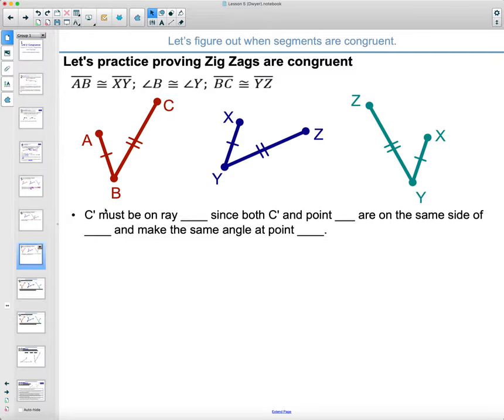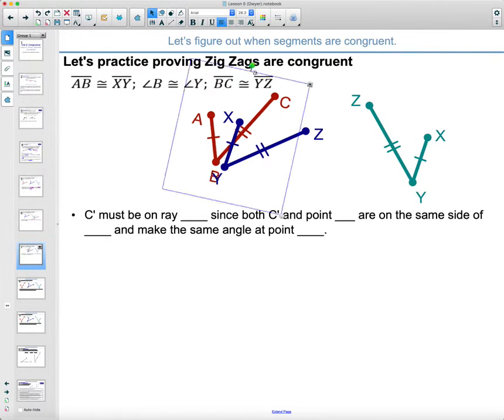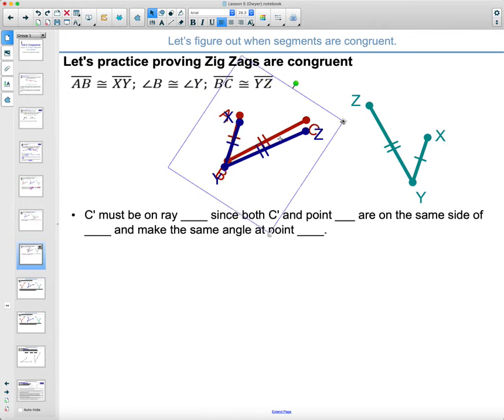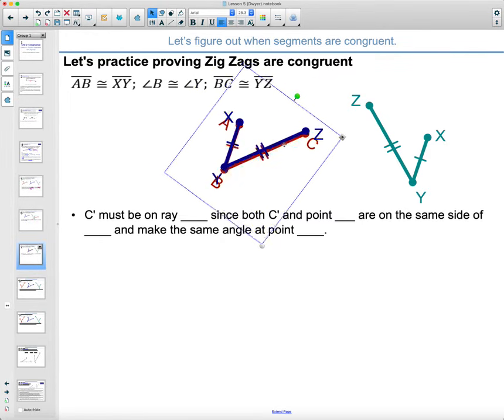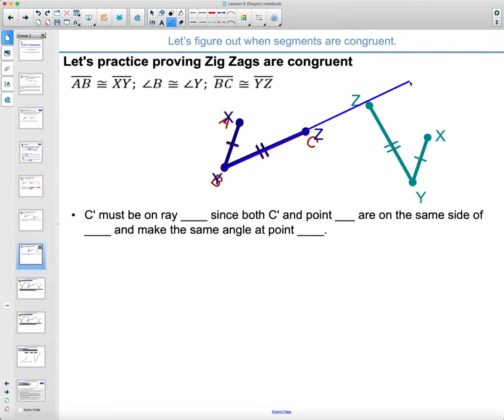So now that we have C on the same side, whatever you've done, if you needed to flip it, maybe you didn't, whatever you needed to do, now C is on the same side. So C prime, which is the flip, must be on what ray? We're not quite sure where C has landed yet.